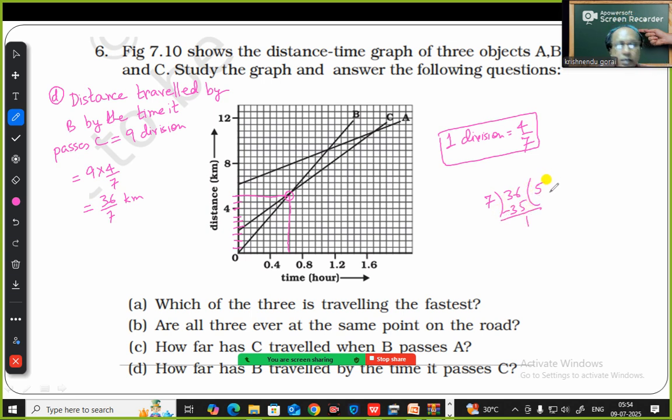Now we write it as point 0, 7 1 is 7, 3 is remaining, 4 7 is 28, 2 is remaining, or nearly 3. That is approximate. We are getting the value as 5.143 kilometer. That is the answer.